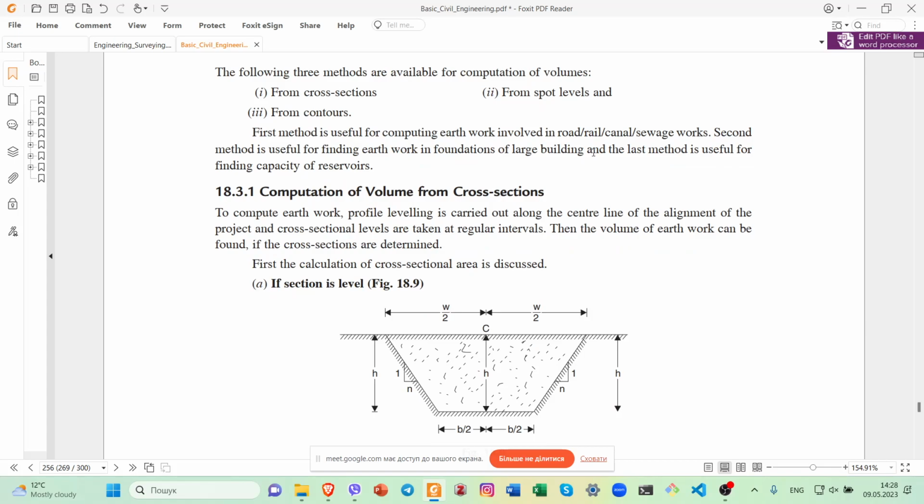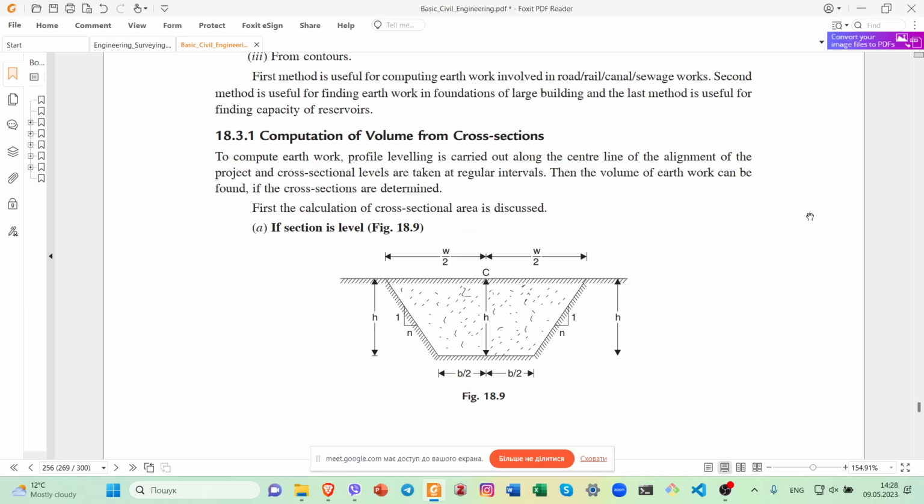The first method is used for computing earthwork involved in road, rail, canal, and sewage works. The second method is useful for finding earthwork in foundations of a large building, and the last method is useful for finding the capacity of reservoirs.